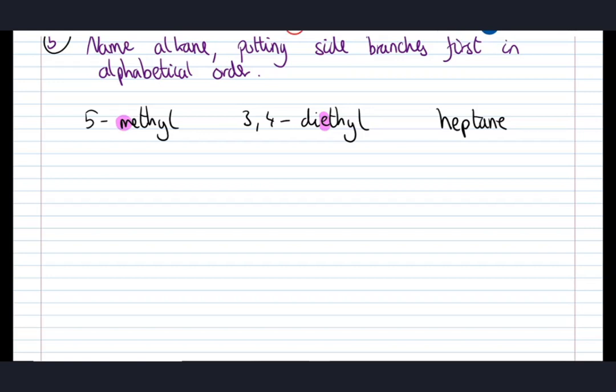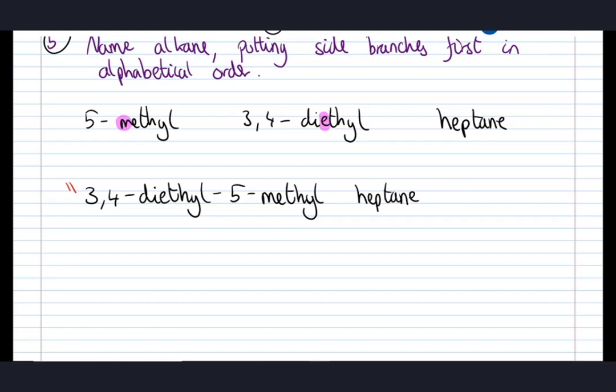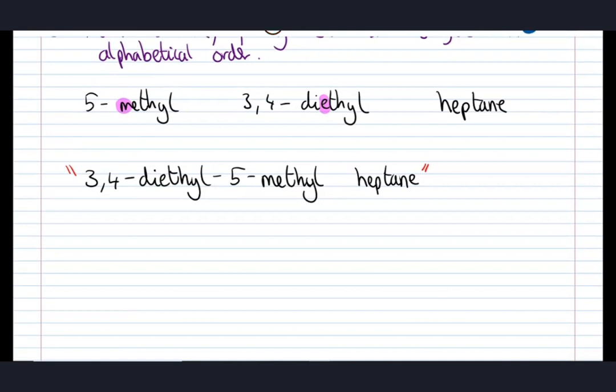So this alkane is going to be named 3, 4 diethyl 5 methyl heptane. And that's it. Remember as well, we always put commas between numbers and dashes between numbers and letters.